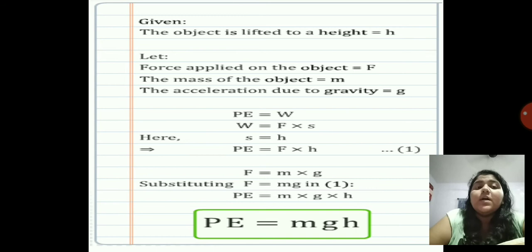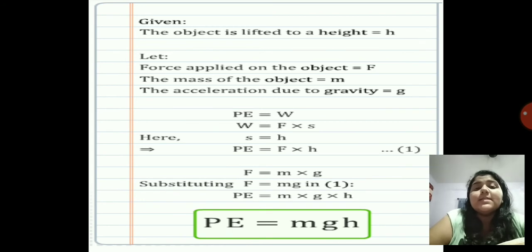Mass into gravitation. So substituting force equal to mg in the first equation, the potential energy becomes mg instead of F, and h remains the same, and you get the derivation PE is equal to mgh.